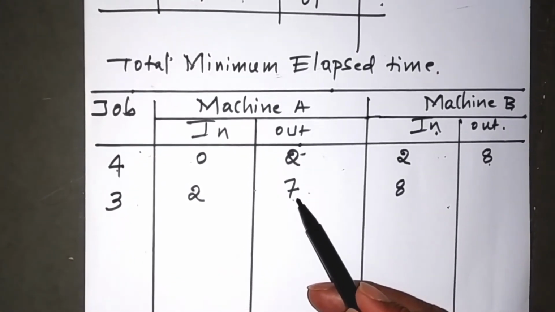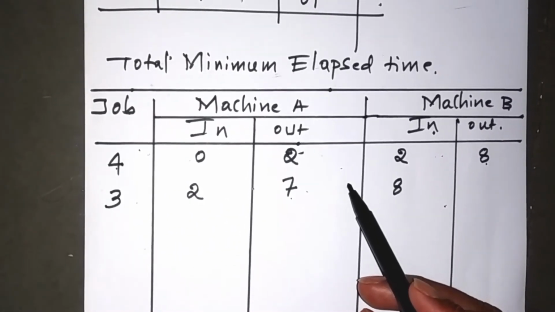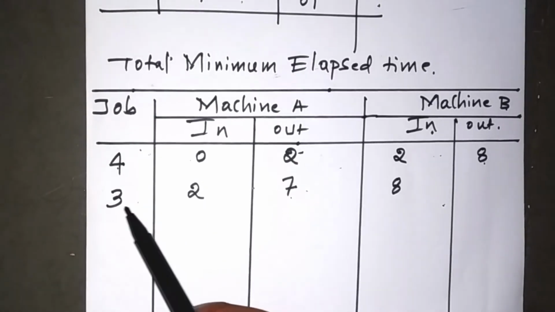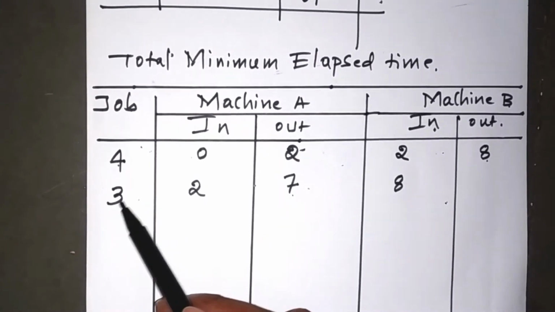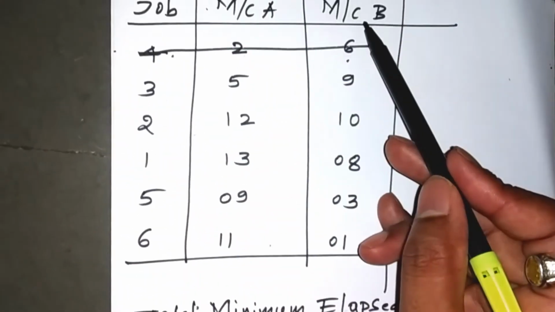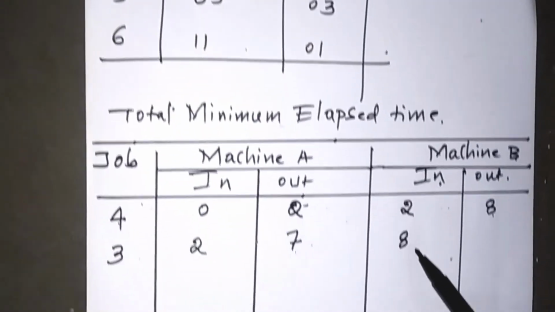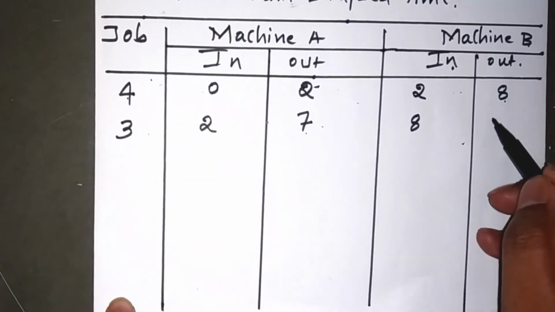So your job 3 will have to wait for 1 minute. That 1 minute is the idle time. Clear? Now we will write how much time the third job requires on machine B. The third job on machine B will take 9 minutes. So 8 plus 9, that is 17.